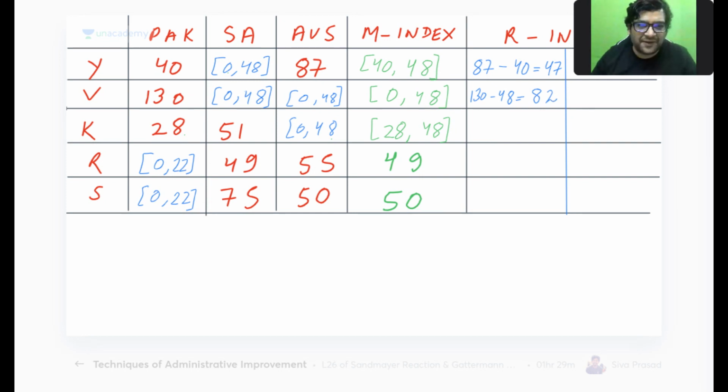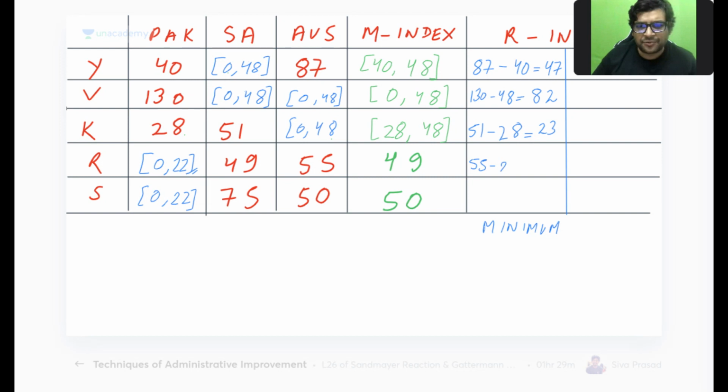How about South Africa? 51 and 28. I'm not saying that this will be the range. I'm saying that this is the minimum range which is possible. 51 minus 28 is 23. How about this one? In this case, 55 is guaranteed.